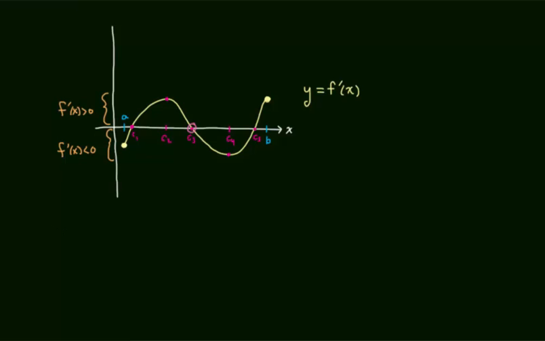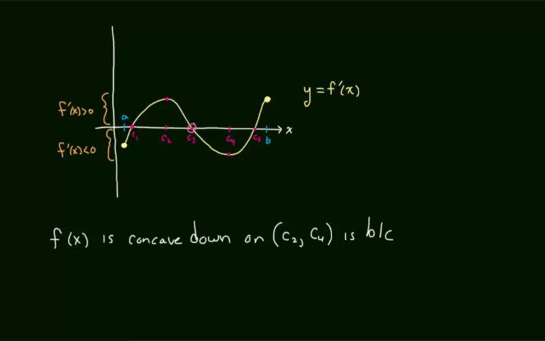Finally, I want to talk about concavity, and I can say that f of x is concave, I'm going to choose one, I'm going to choose down or downward. F of x is concave downward on the interval C2 to C4. And then the reasoning of that is because, do you remember this?